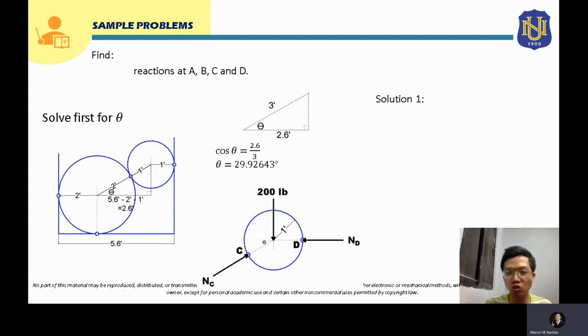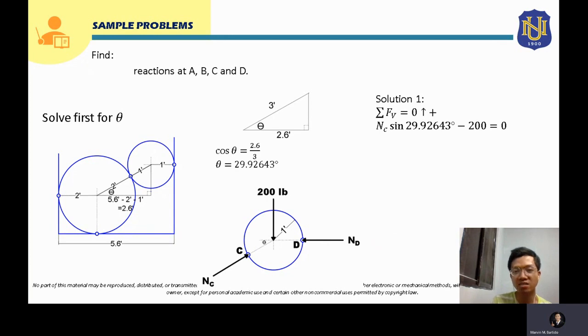We're going to use solution 1, so that will be summation of forces. Let's start with the summation of forces vertical. Since one of the unknowns, N sub D, is in the horizontal axis, if we start with the summation of forces vertical, it will not be included, so we can directly solve for N sub C. Summation of forces vertical is equal to 0, with positive assumption for upward forces.